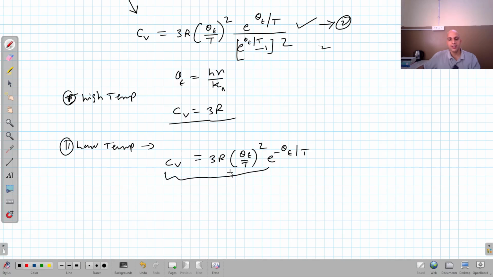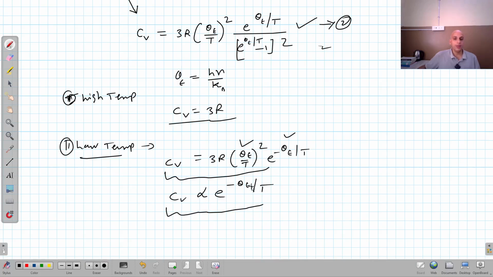We can say that the specific heat of the solid has two dependencies at very, very low temperature, but the exponential factor dominates, so Cv is directly proportional to e raised to power minus theta E upon T, right. So this is the result of Einstein.